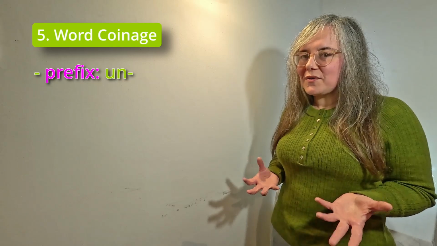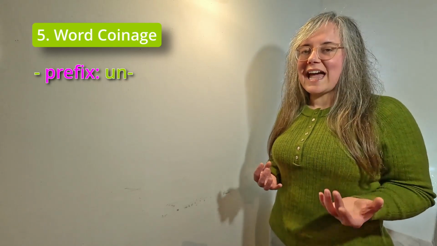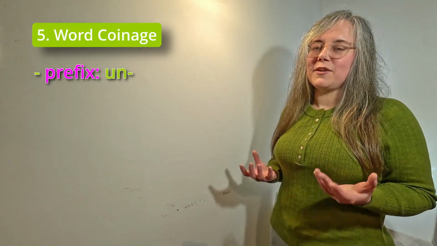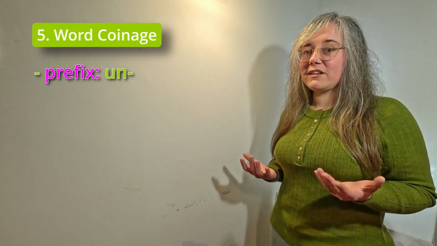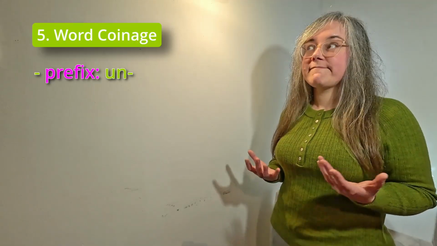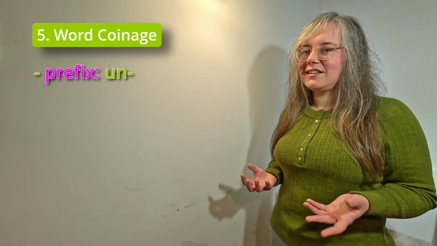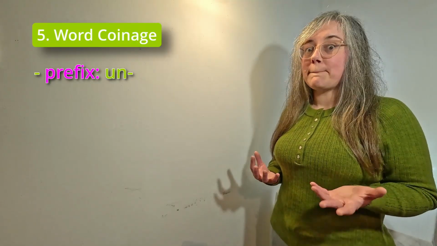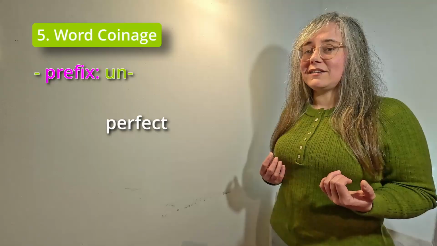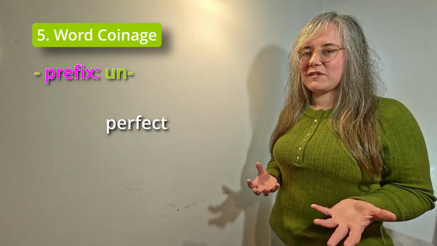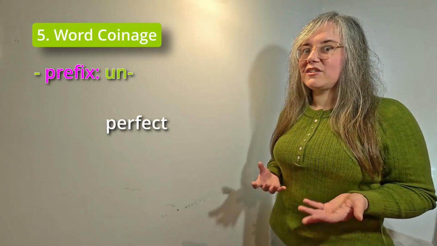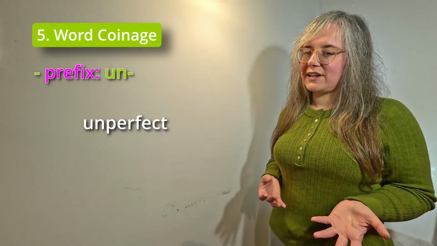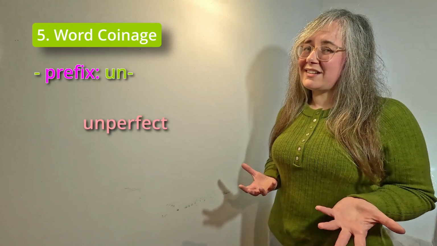Of course, though, not all negative adjectives are formed by adding the prefix "un". So sometimes you'll make mistakes. For example, if you know the adjective "perfect" and you try to make the negative form by adding the prefix "un", you'll create "unperfect", which is not correct.